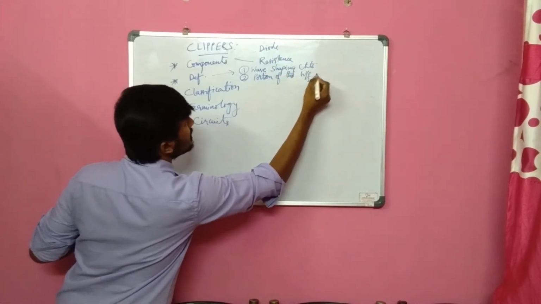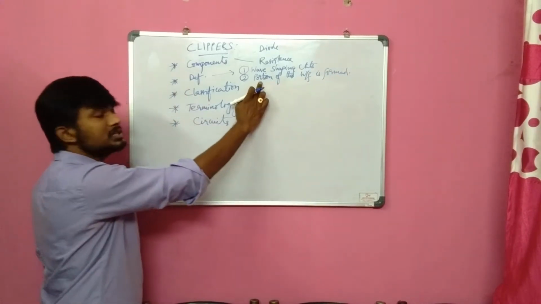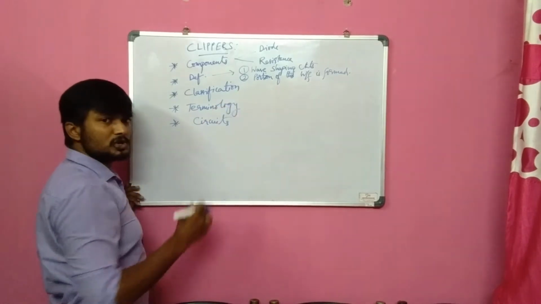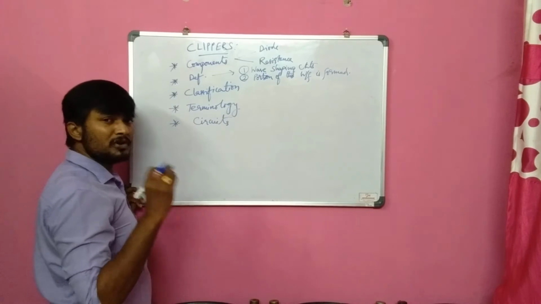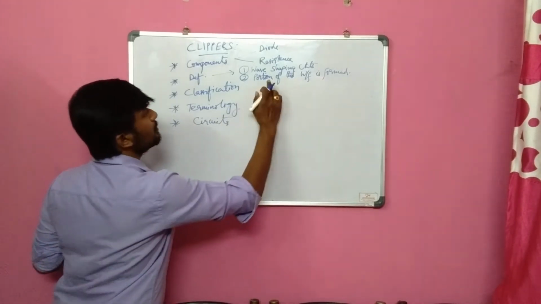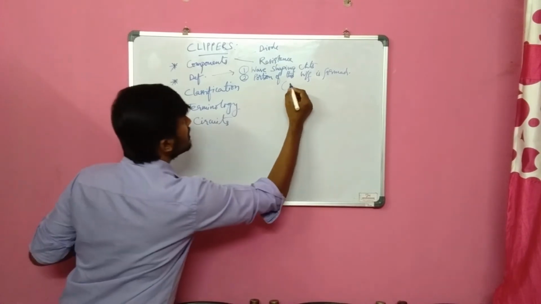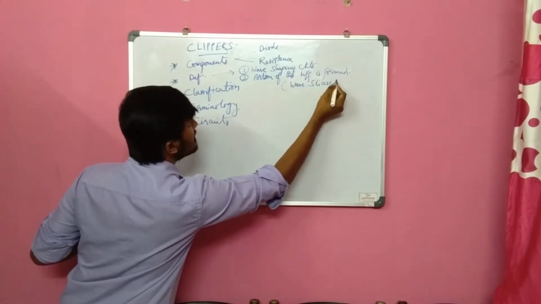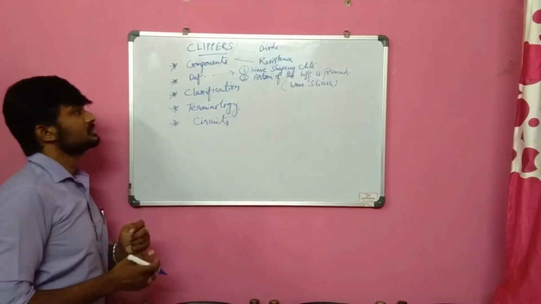That portion can be either the complete positive half cycle, or some part of the positive half cycle, or the completely negative half cycle, or some part of the negative half cycle. Therefore, based on the second line, clippers are also called wave slicers.